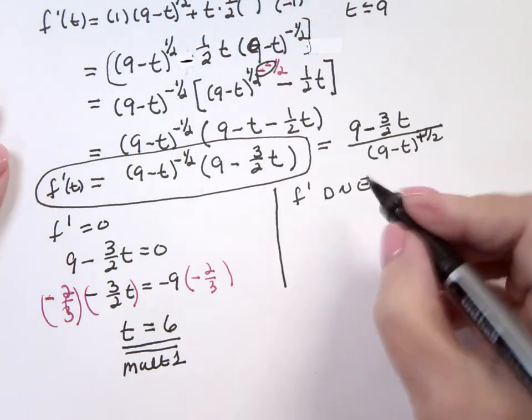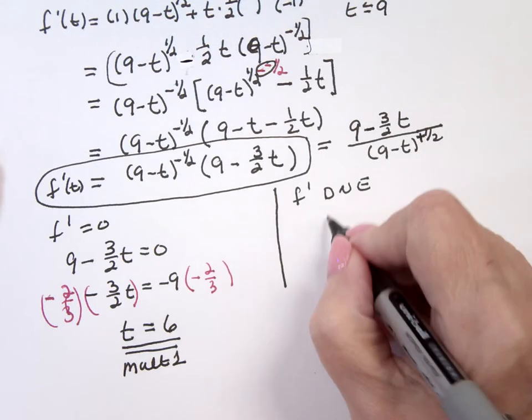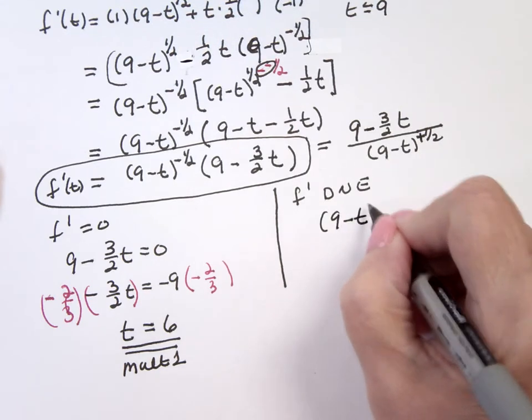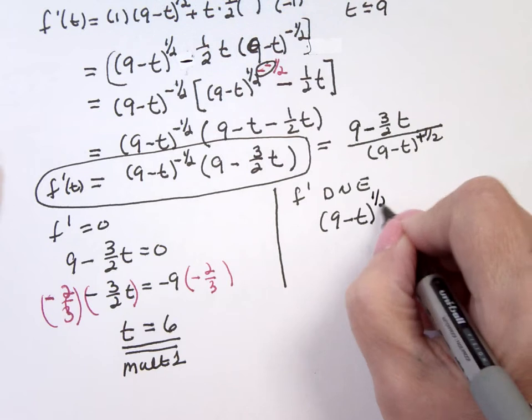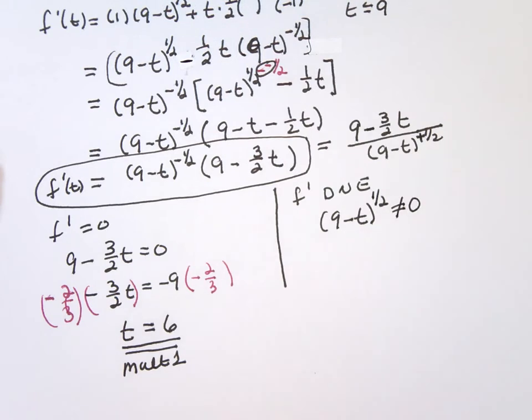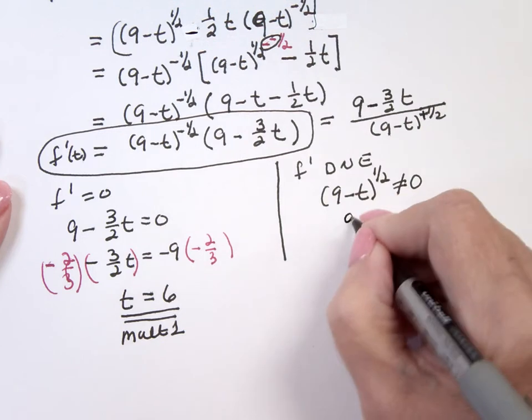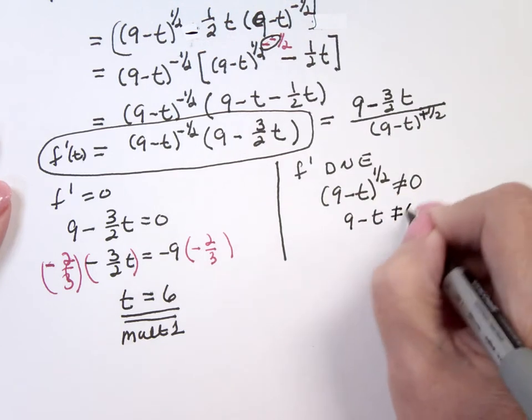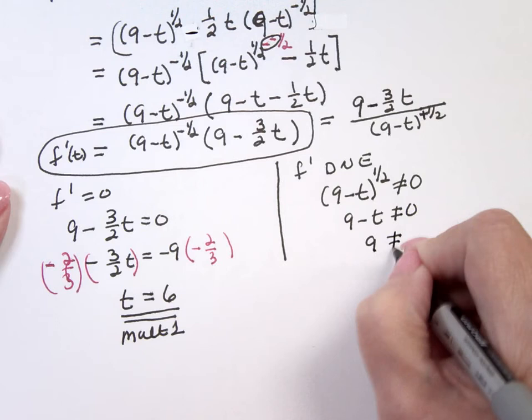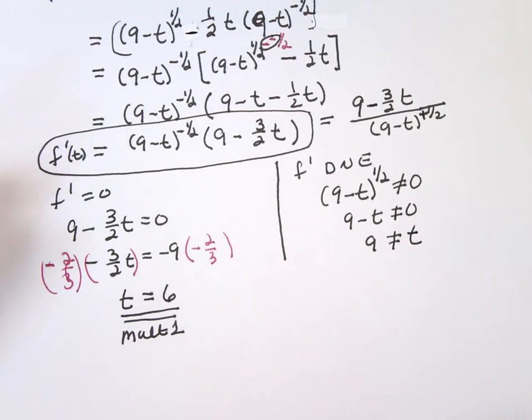Where f prime doesn't exist, because he has a denominator, is where (9 minus t) to the 1/2 is 0. Square both sides. 9 minus t can't be 0, or t can't be 9. Is 9 in the domain of the original function?